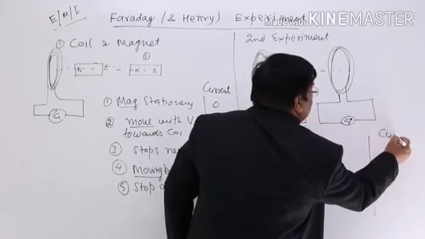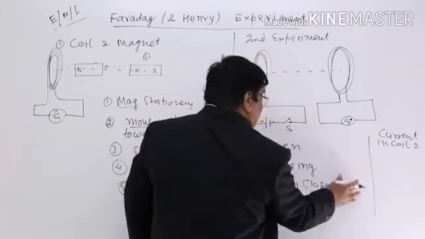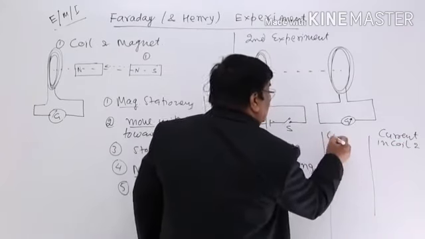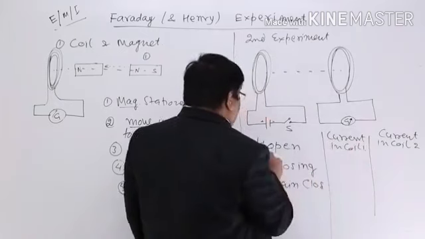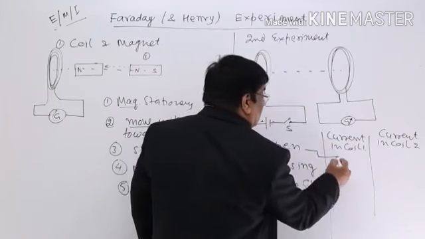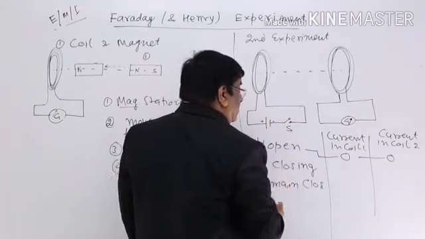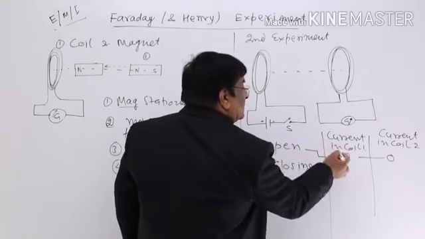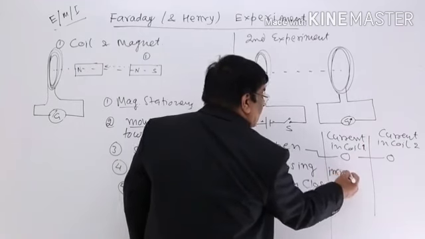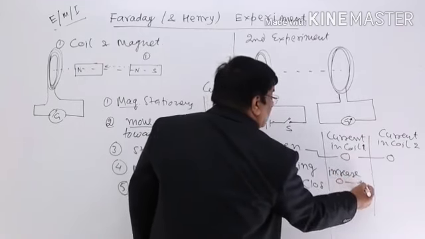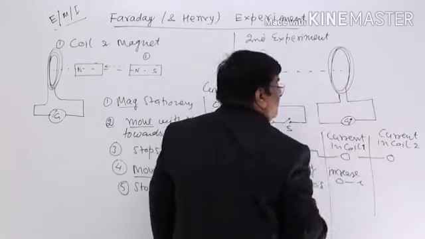This is current in coil 2. Here I will write current in coil 1. When the switch is open, how much is the current in coil 1? 0. What is the current in coil 2? 0. When we are closing it, what happens to the current in coil number 1? The current increases from 0 to I. What happens in coil number 2?